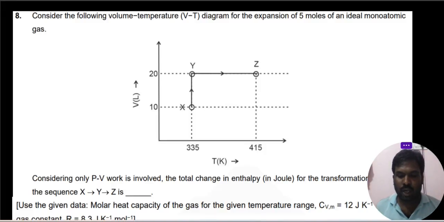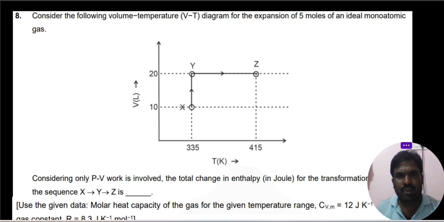Dear students, now I want to discuss one JEE Advanced question 2024. Consider the following volume-temperature diagram for the expansion of 5 moles of an ideal monoatomic gas.